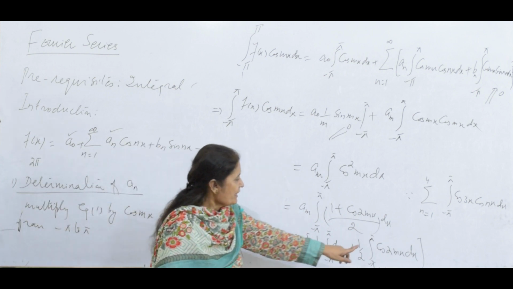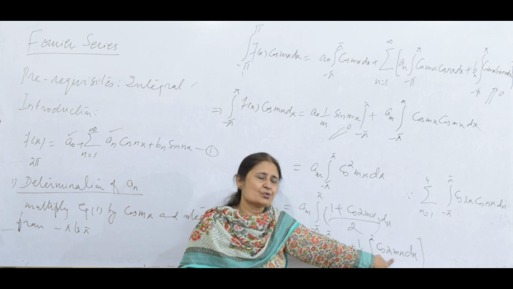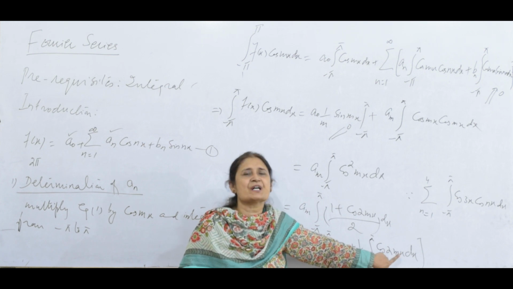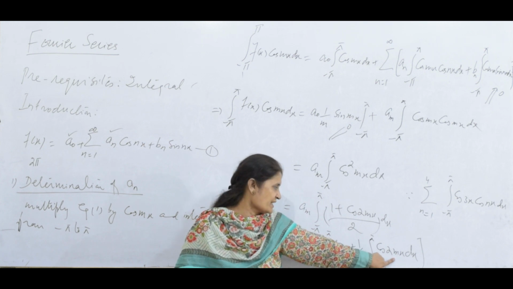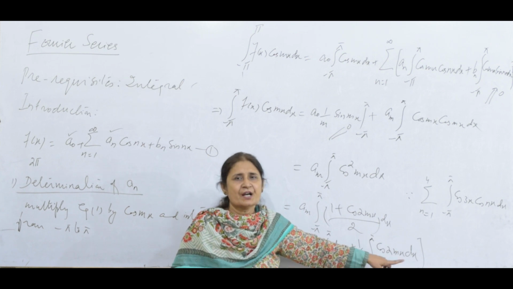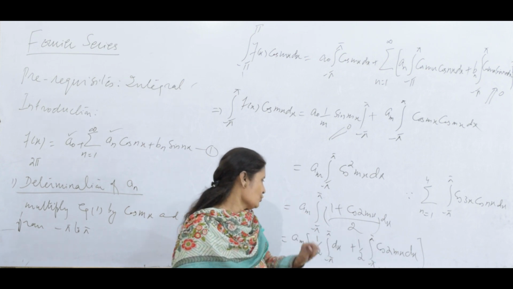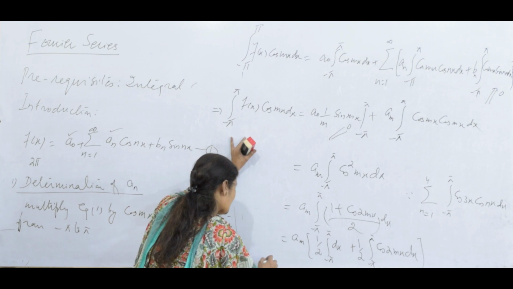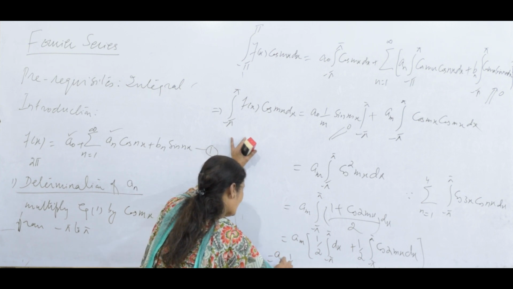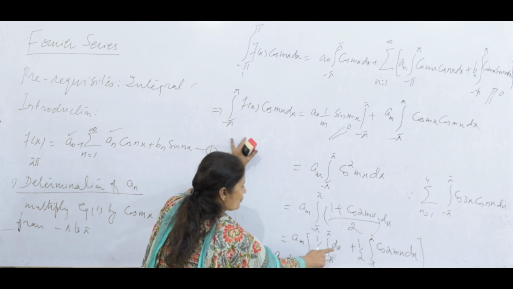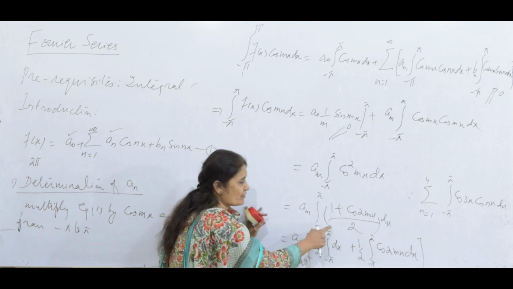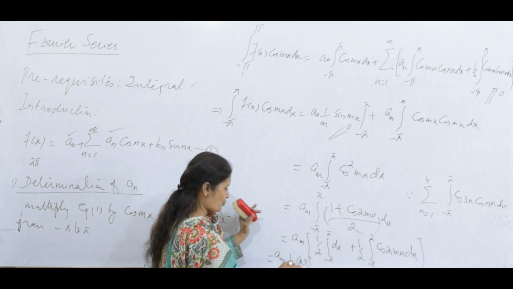If I integrate this, it becomes 1 over 2m sine 2mx, where m is an integer, and the upper and lower limits will give you 0. So eventually my answer is a_m times half, and this is 2 pi, because its integral is x, and going from the upper to the lower limit gives 2 pi.